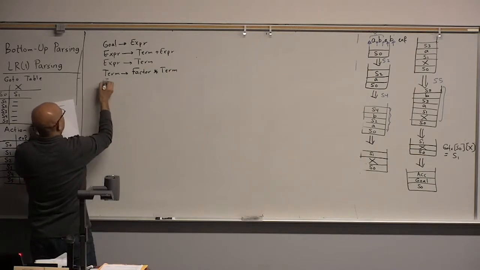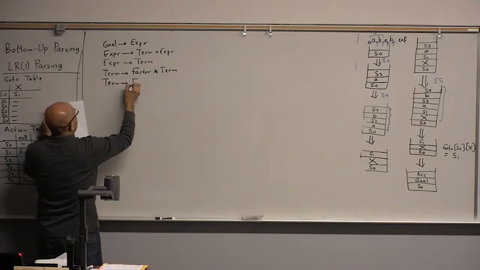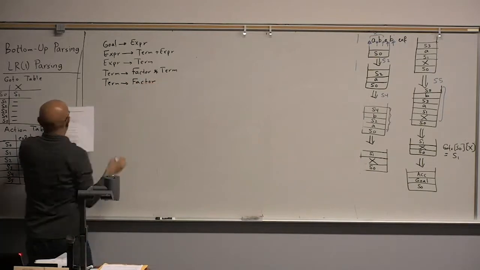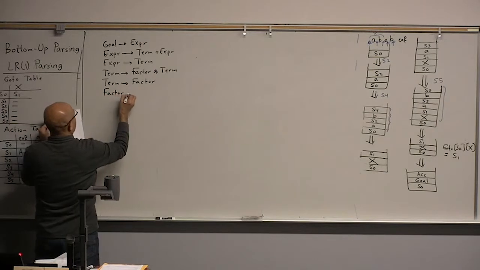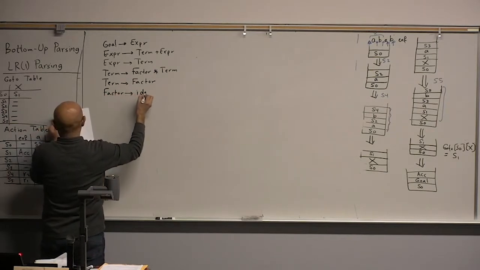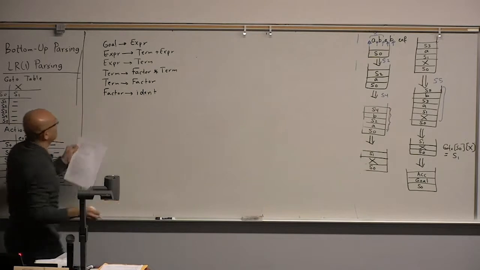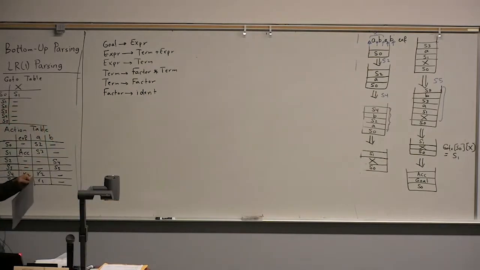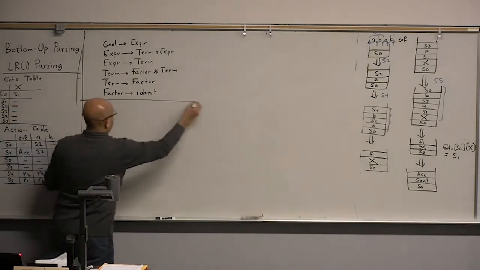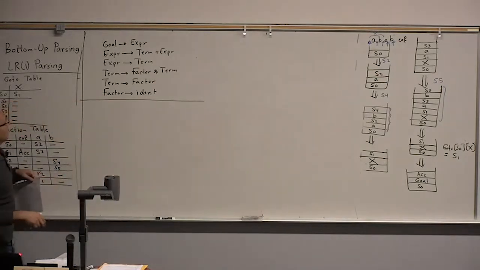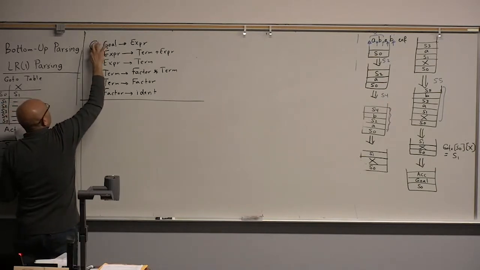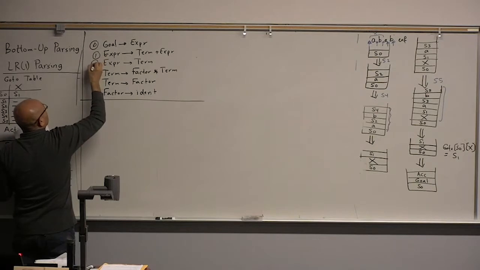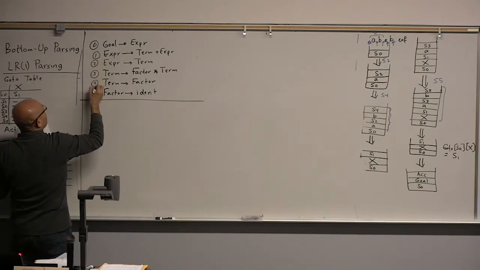And term goes to factor. And factor goes to identifier. This is a homework problem, and I will just get you started on this. So we only have 5 minutes. We will not get the chance to do the whole thing, but we will do the first 1 or 2 steps in the solution. So this is 0, 1, 2, 3, 4, 5.